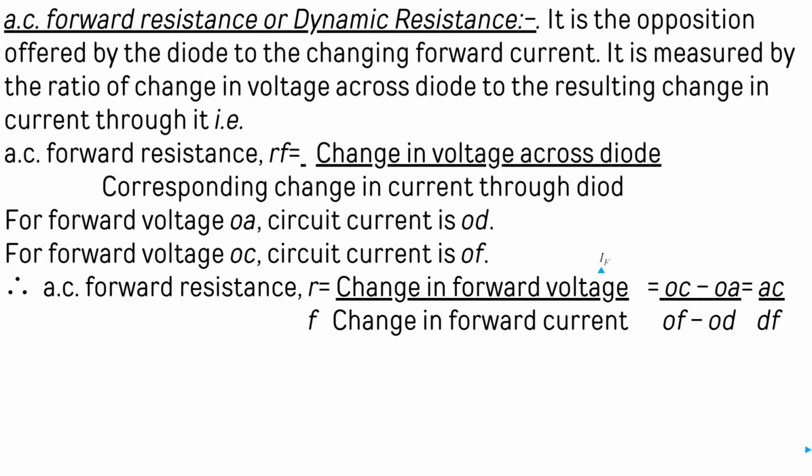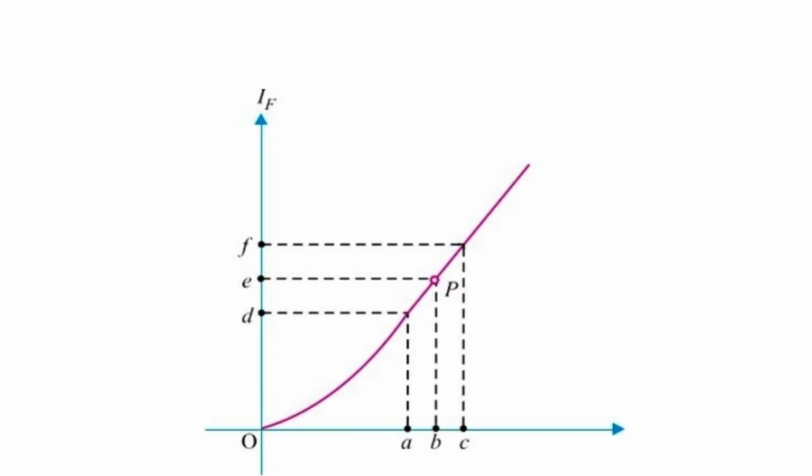For forward voltage OA, the circuit current is OD. For forward voltage OC, the circuit current is OF. Therefore, R_F equals change in forward voltage by change in forward current. The change in forward voltage is OC minus OA, which equals AC, whereas the change in forward current is OF minus OD, which equals DF. The characteristics are as shown in the figure below.